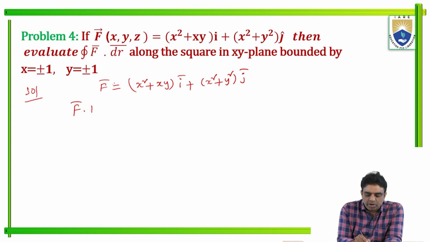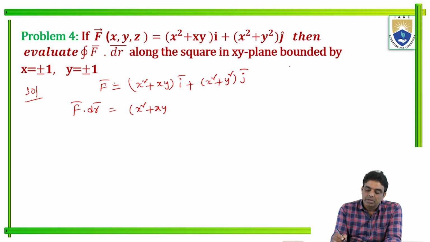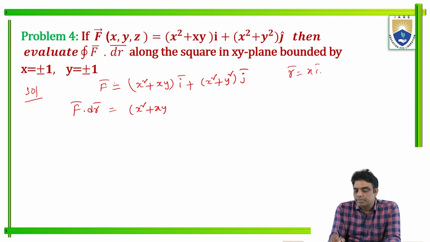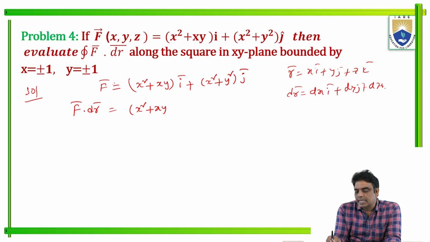Then what is f bar dot dr bar? This is the dot product with dx i bar plus dy j bar. R bar is x i bar plus y j bar plus z k bar, then dr bar is dx i bar plus dy j bar plus dz k bar.